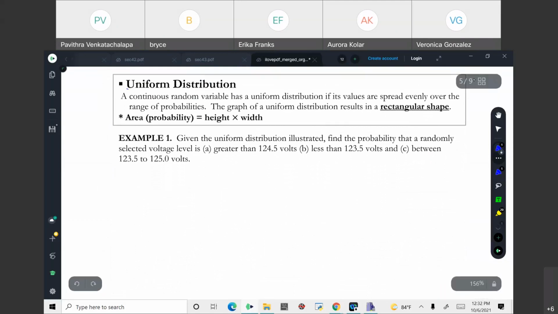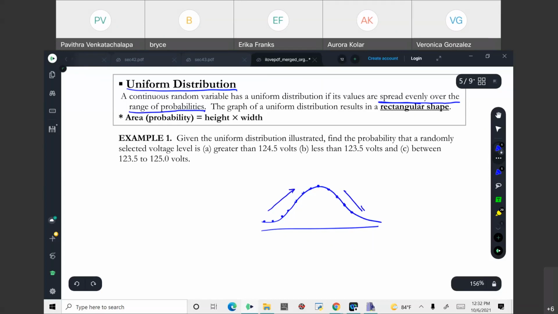Now, uniform distribution. It is a different type of distribution, where the only difference is the values are spread evenly. This is our normal distribution, right? If you can see the data values, they increase to one point and then decrease.